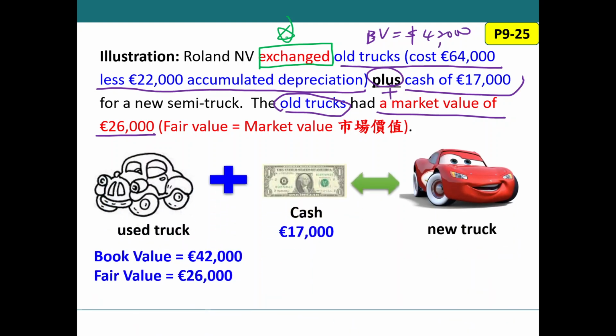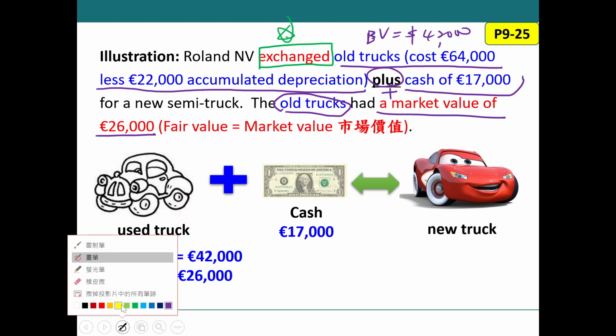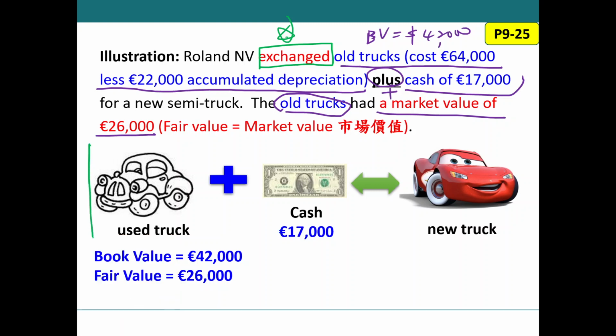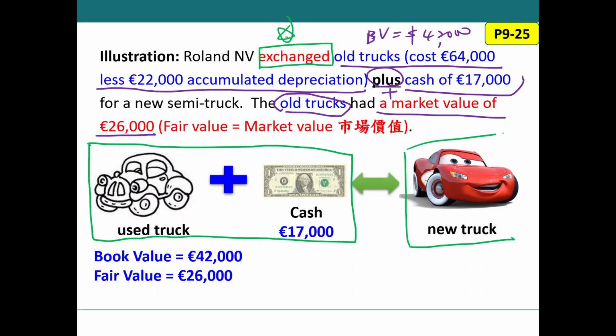It means today you use the old truck plus the cash, two things, in order to exchange the new car back. So you have to use two things, old truck and the cash, in order to exchange the new car.